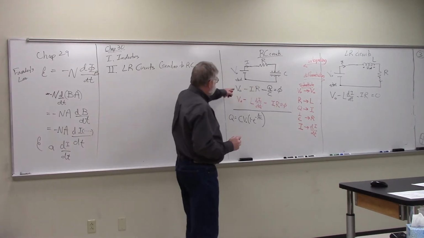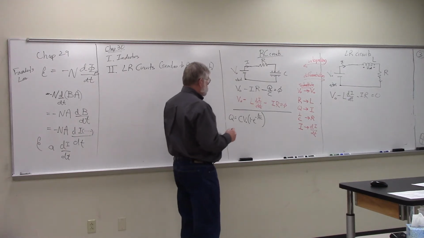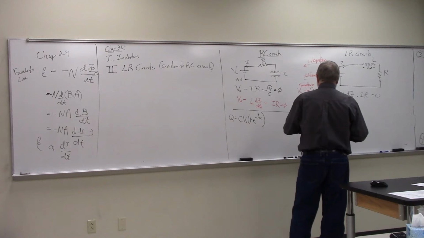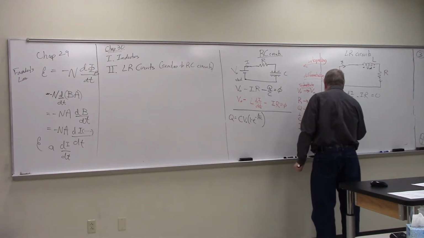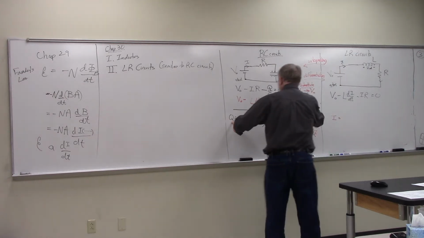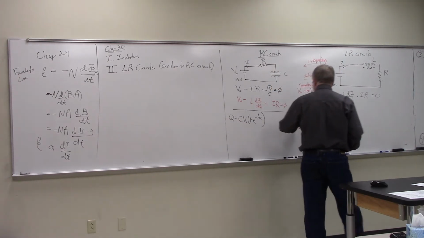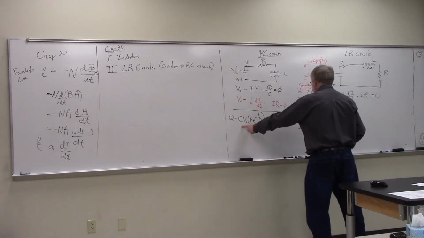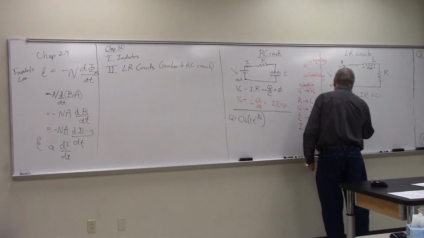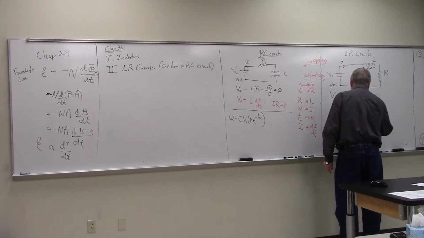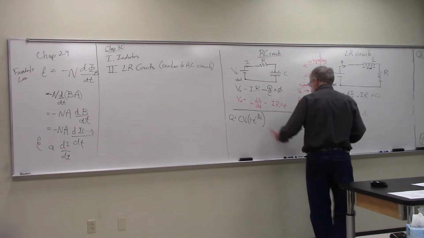That was the solution to this equation. Let's write the solution to the inductor equation then. It's going to say that I equals, that's right, Q's become I's, C's become 1 over R's, V0s stay V0s, 1 minus e to the minus t over RC.